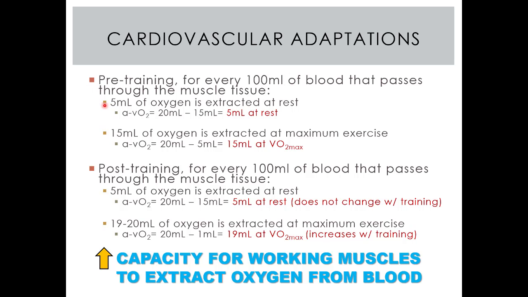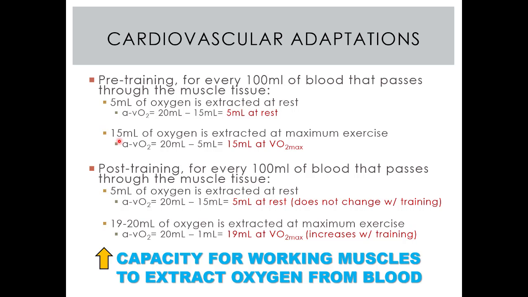At rest, 5 milliliters of oxygen is extracted per deciliter of arterial blood as it passes through all the capillaries. There is 20 milliliters of oxygen per deciliter of arterial blood. 5 milliliters is extracted by tissues at the capillary level, and 15 milliliters return to the heart via the veins in venous blood.